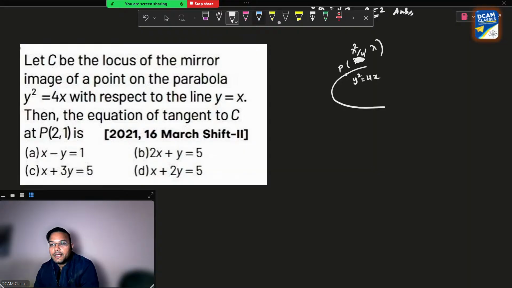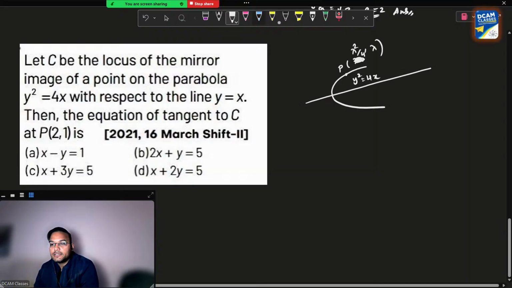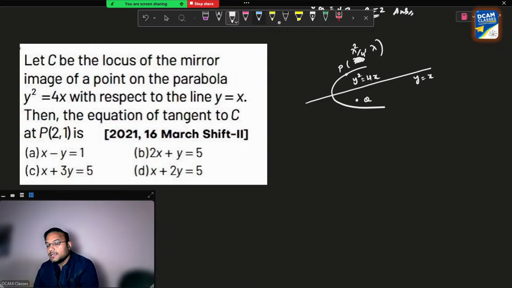Then you have to find its mirror image in the line y is equal to x. Get it as Q. Using the mirror image formula, that Q also you'll get in one variable, some function of lambda. Then put it as y and x and eliminate lambda.